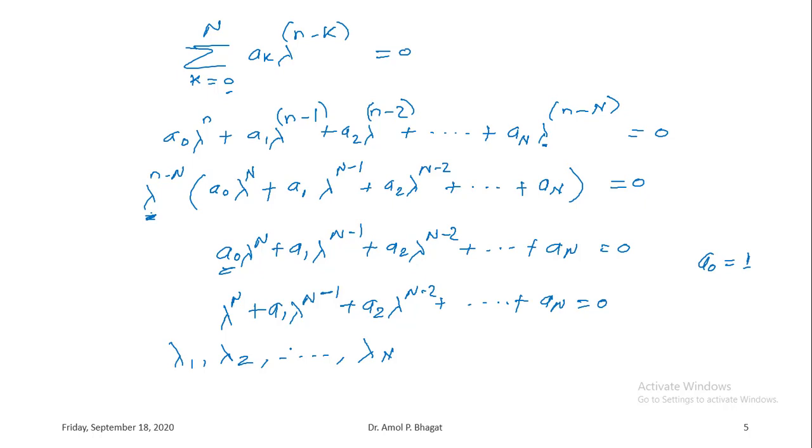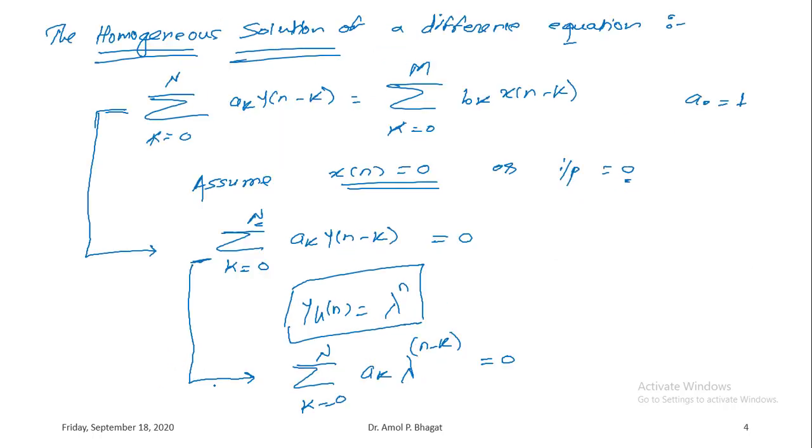By solving this polynomial, you can identify these roots. If we assume that the roots are distinct, meaning each root has a different value and there is no same root or roots having the same values, so there are no multiple order roots, then the most general solution of the homogeneous difference equation is given as yh of n equals, we have seen the generalized form of the homogeneous solution as lambda to the power n.